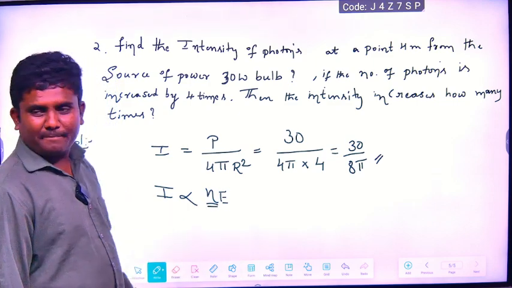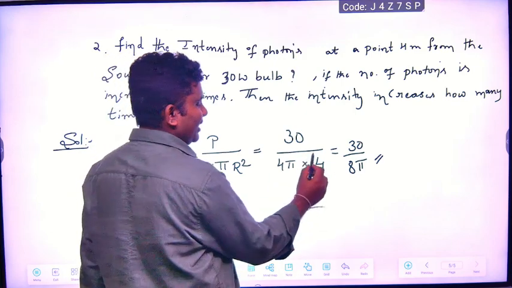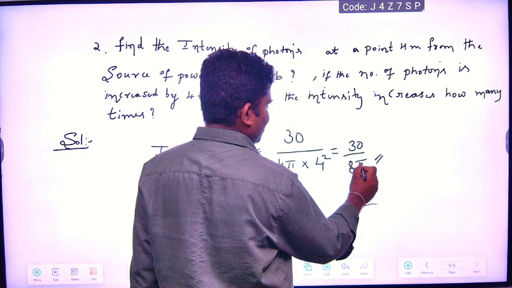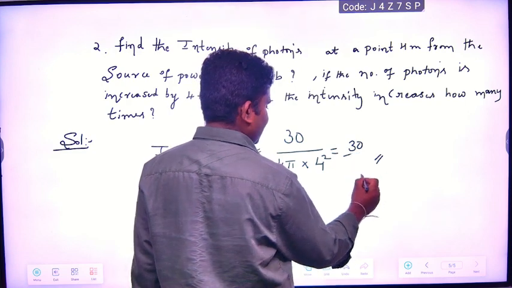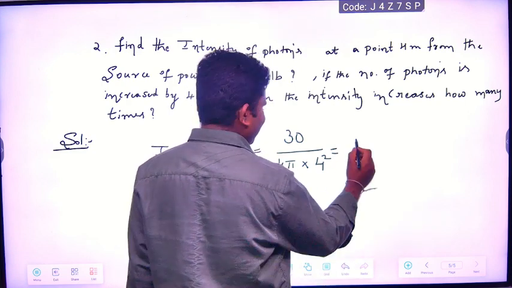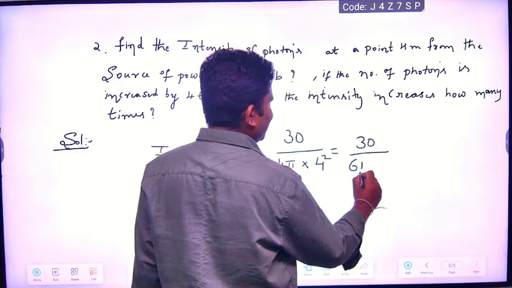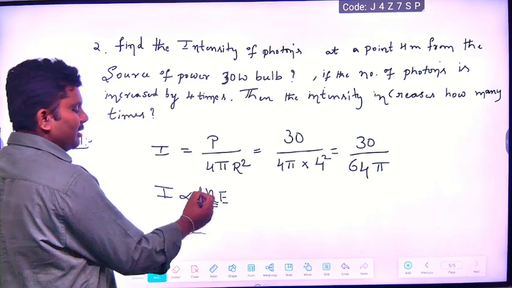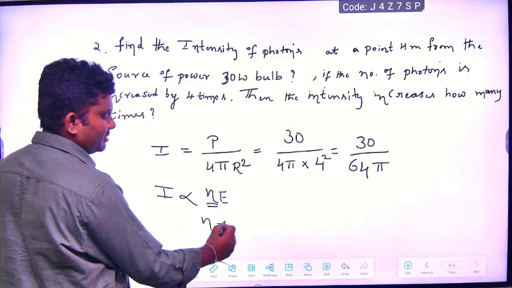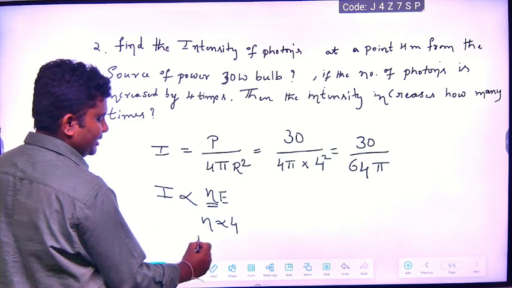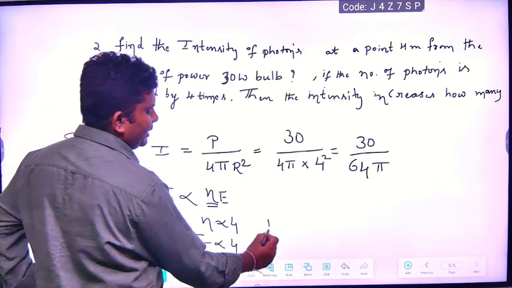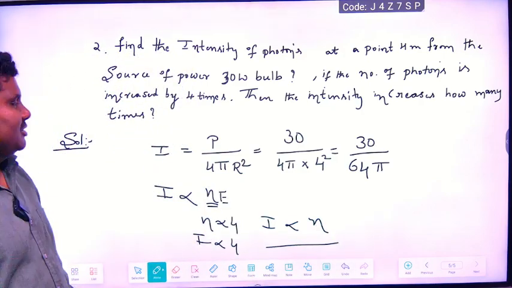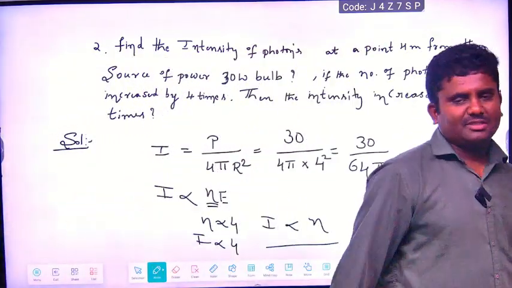So if the number of photons increases 4 times, then intensity also increases 4 times, because intensity is directly proportional to number of photons. Understood? Okay, so this much is about intensity.